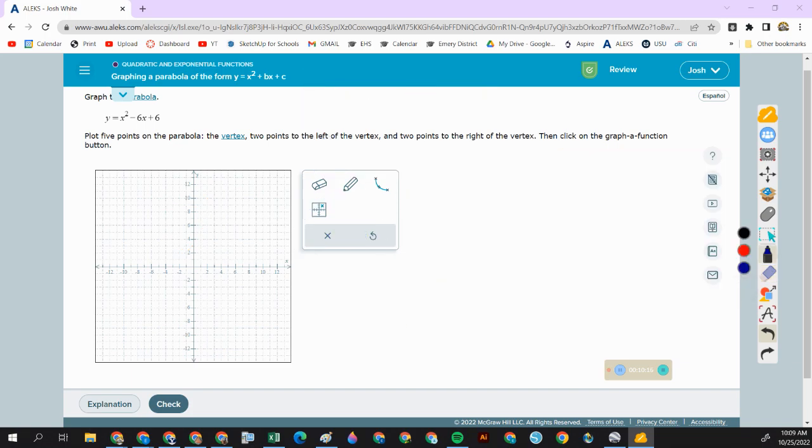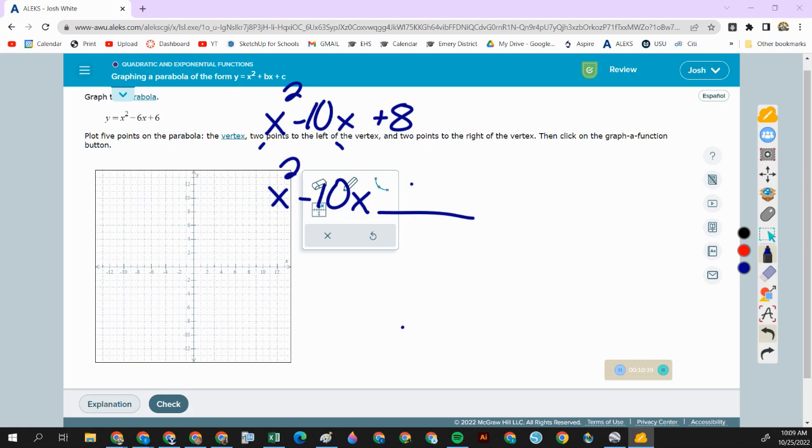All right. Let's say I had x squared minus 10x plus 8. So this would be x minus 5. Oh, I need to move the 8 over first. So x squared minus 10x, leave a space, plus 8.